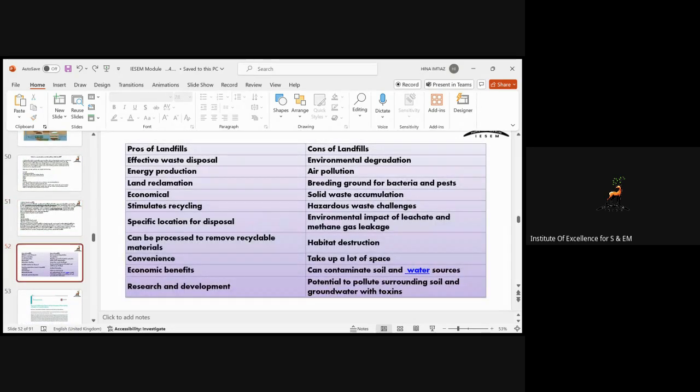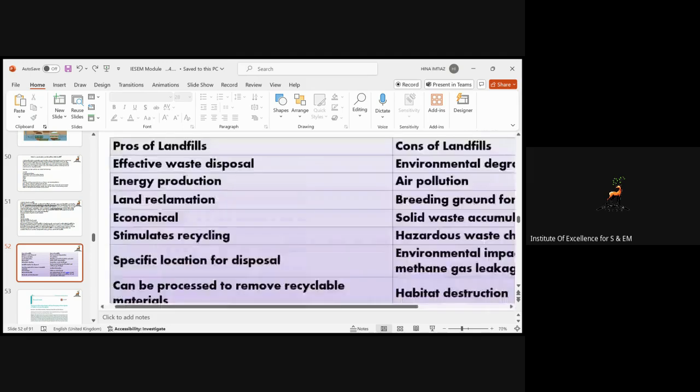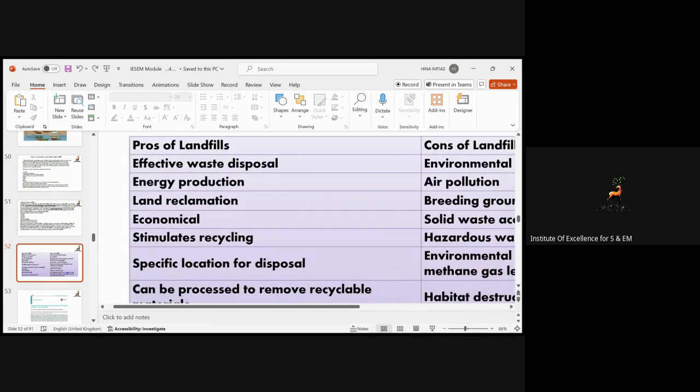Okay, now what are the advantages and disadvantages of landfills? So first of all, the advantages. It is basically offering an effective waste disposal method. The next one is that it gives a way for the production of energy.